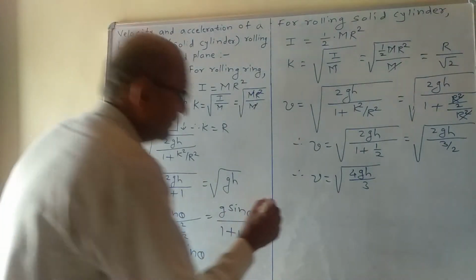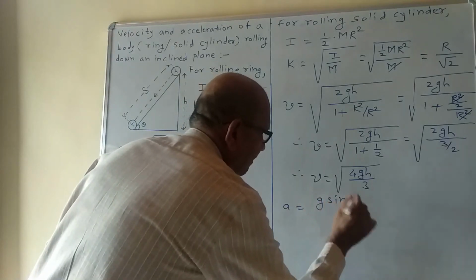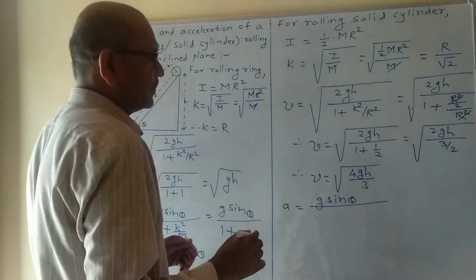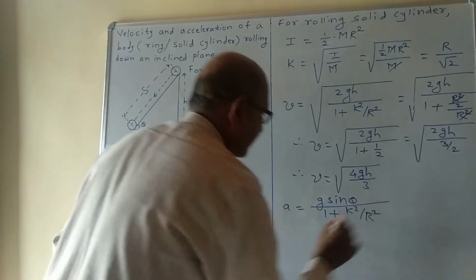Now the acceleration A is equal to g sin theta upon 1 plus k square upon r square.